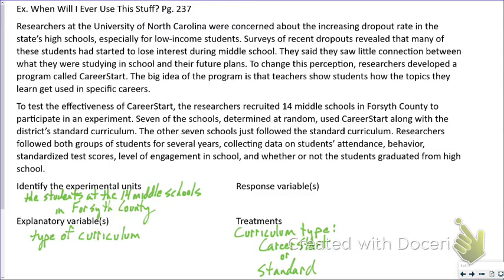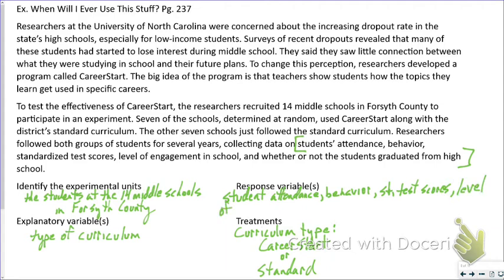That starts right here and ends with that right there. So many things are being measured. Student attendance, behavior, standardized test scores, level of engagement.